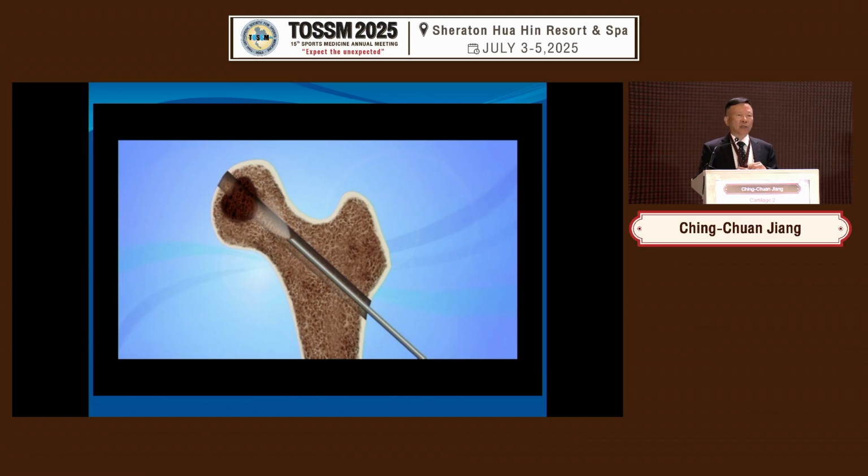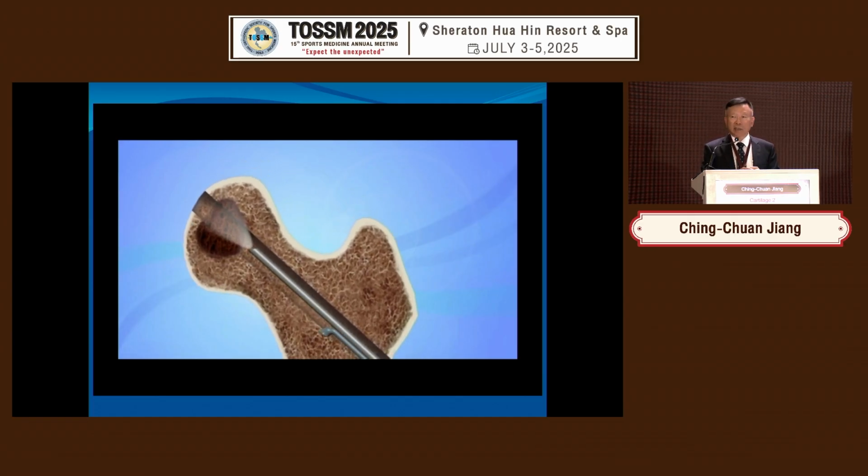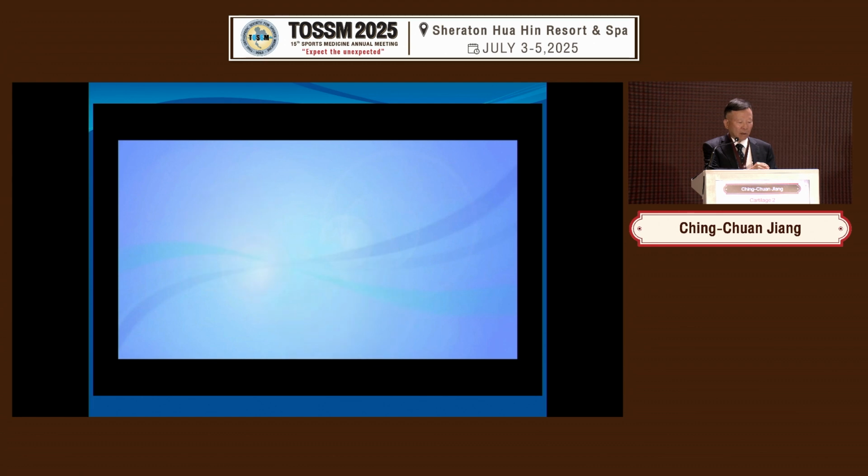The patient lies on the table under anesthesia, and we do the core decompression and take out a column of the femoral bone. This core decompression will include the necrotic area.